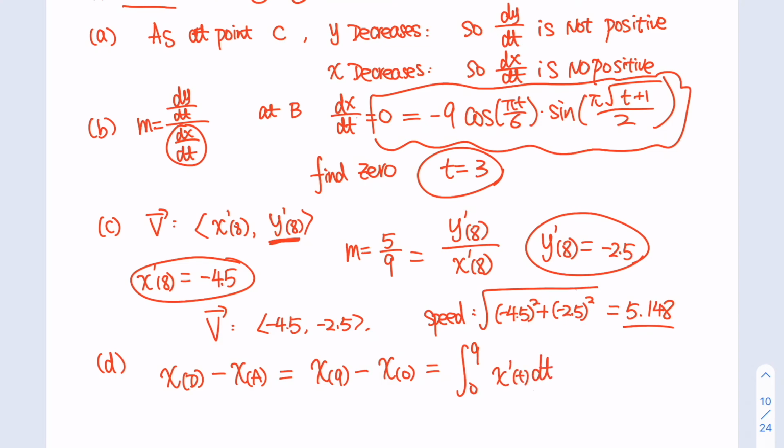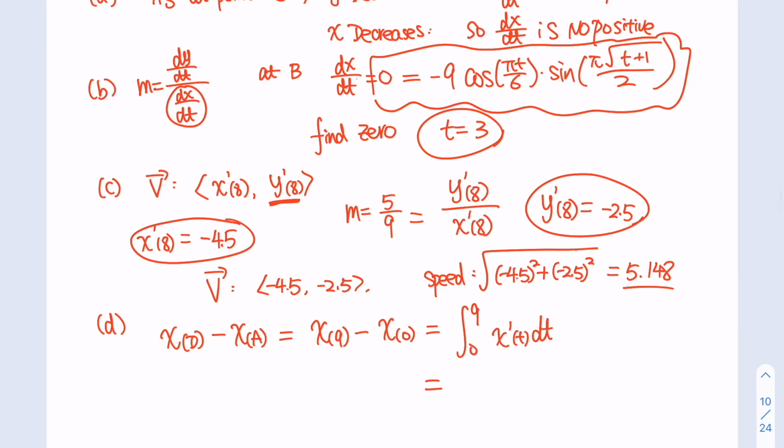We plug this into a calculator, which gives us negative 39.255. So point A and point D are 39.255 units away from each other.